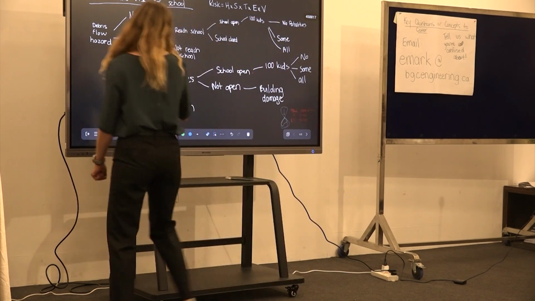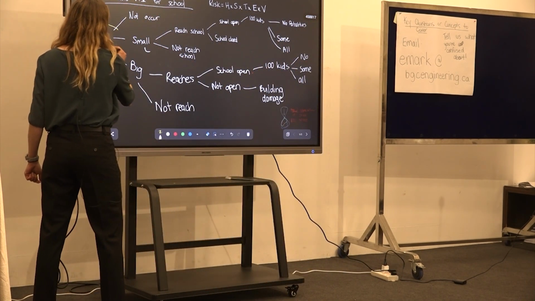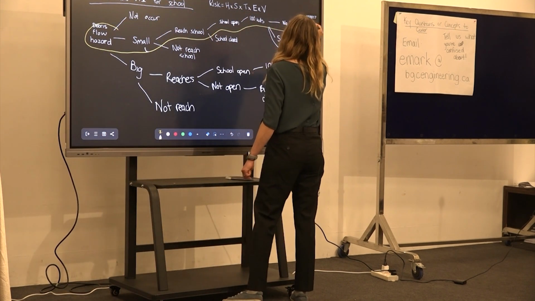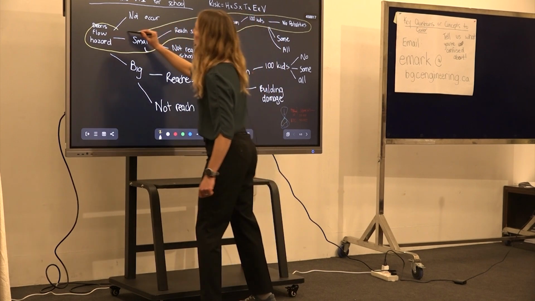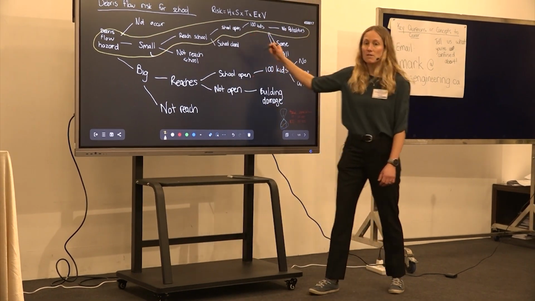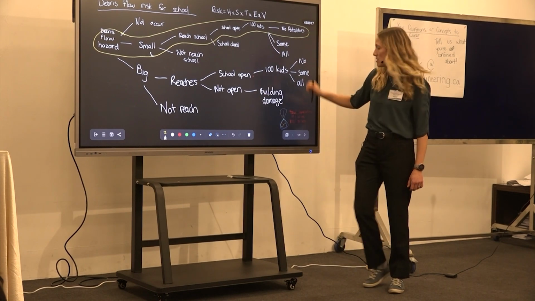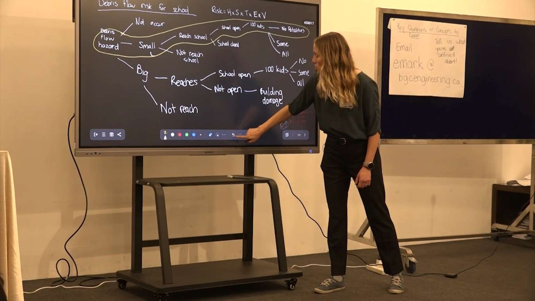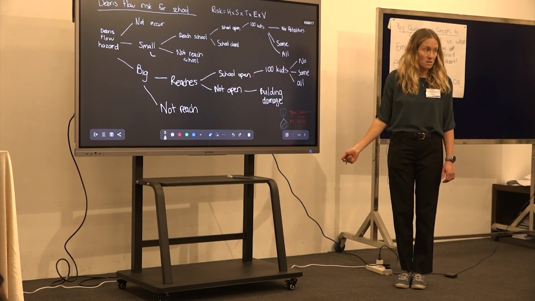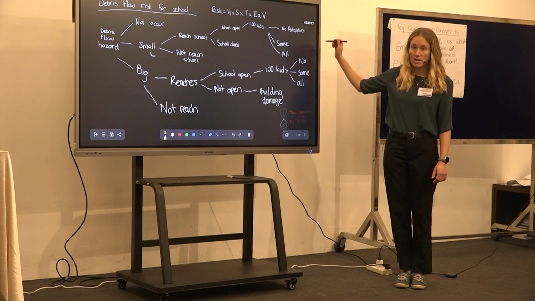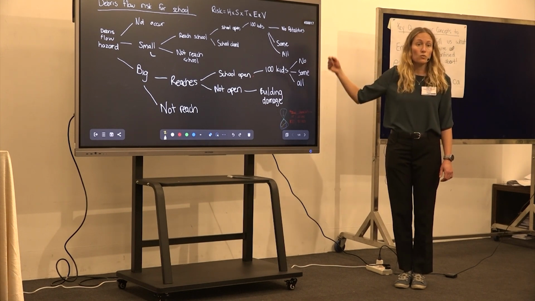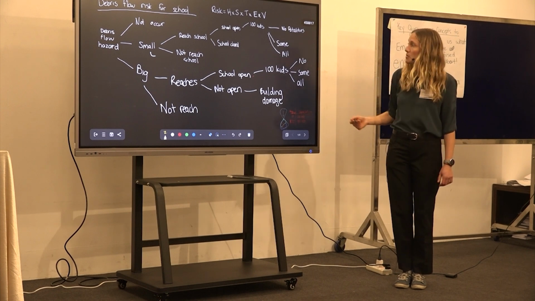So this pathway is one scenario, and then each of these other pathways is a different scenario.